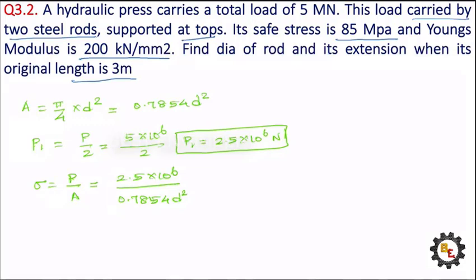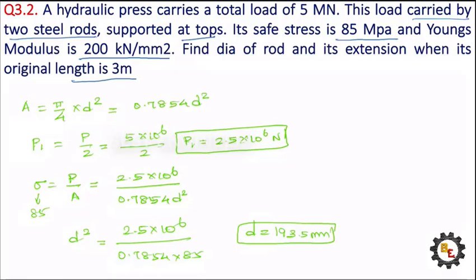Now we know the value of stress, that is 85, so we will get diameter d square equal to 2.5 into 10 power 6 divided by 0.7854 into 85. Now diameter equals 193.5 millimeter, so approximately it is equal to 194 millimeter.